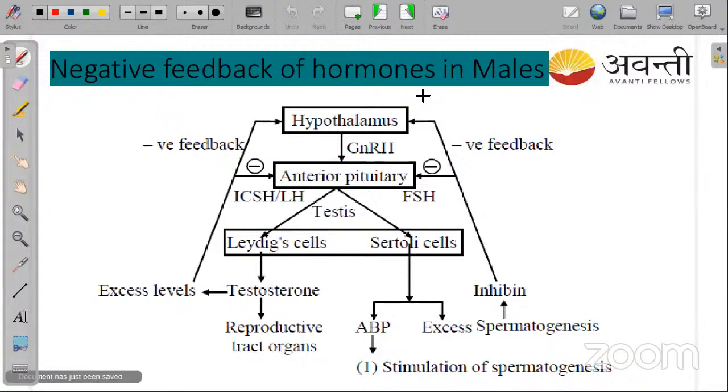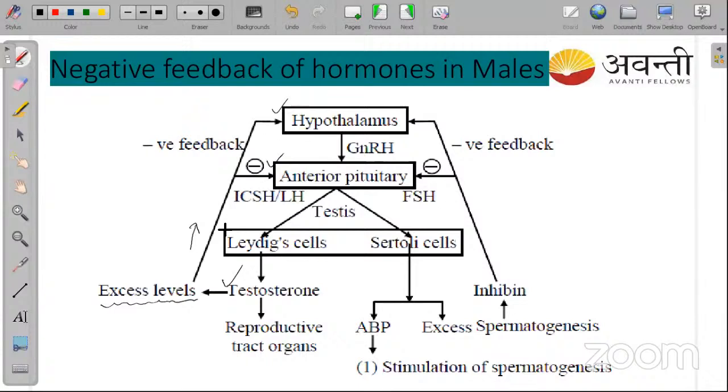So let's start the negative feedback. You can already see this process: the hypothalamus acts through hormone on the anterior pituitary, and testosterone develops things. That you already know. After this testosterone reaches an excess level, it sends a message toward the hypothalamus as well as the anterior pituitary.